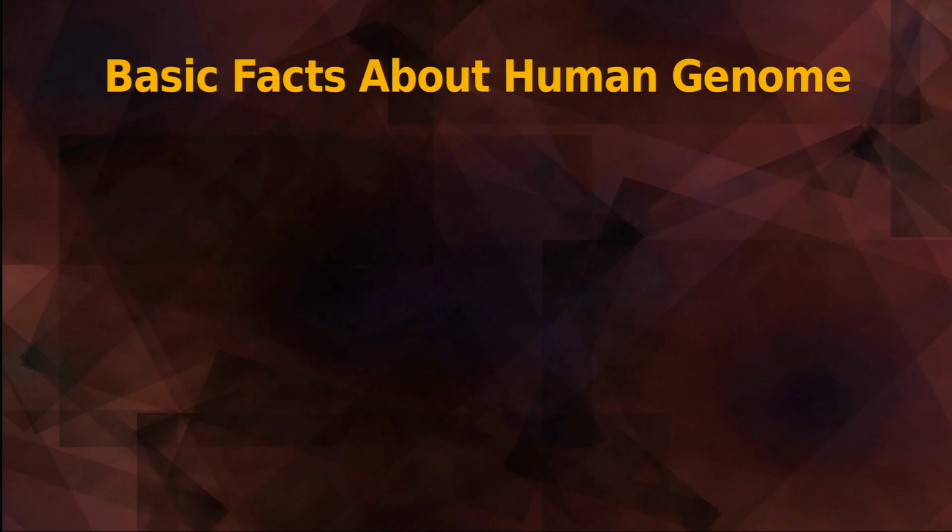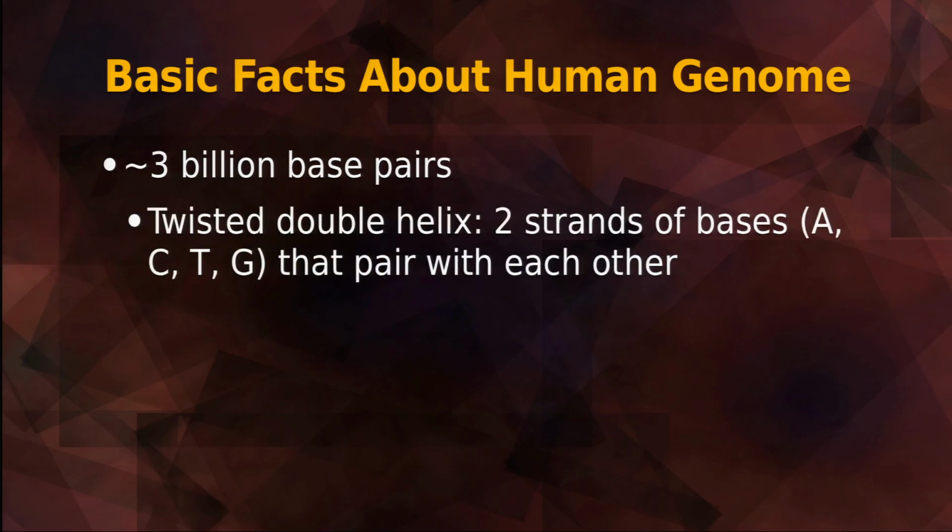Now, I want to begin by talking about how the human DNA is organized. So I'm going to give you a little bit of background here because some of these terms you'll hear come up over and over in the presentation. So just some basic facts about the human genome. The genome is the DNA inside the nucleus of our cells. In humans, it is composed of about 3 billion base pairs that form a twisted double helix.